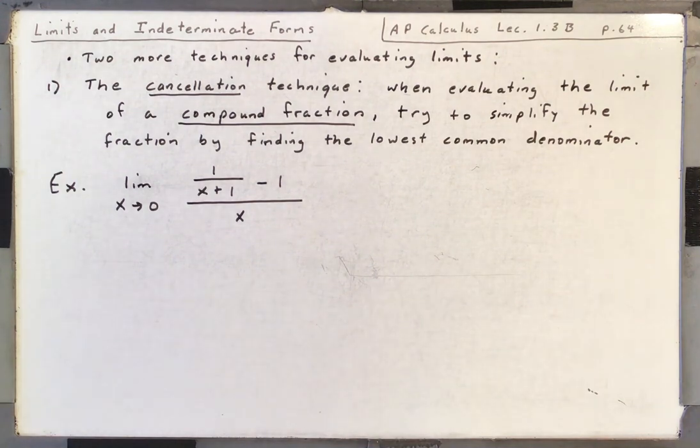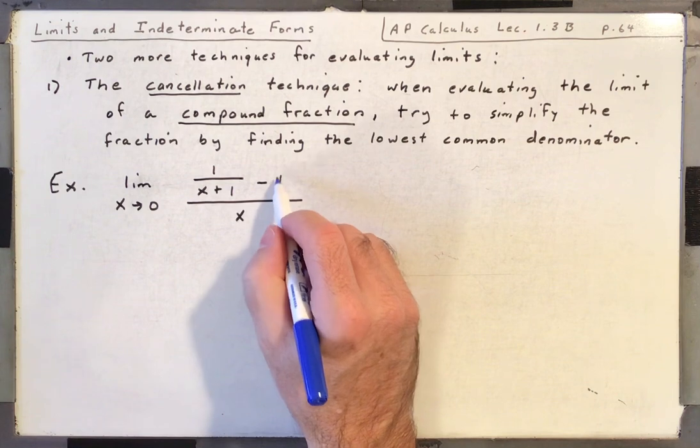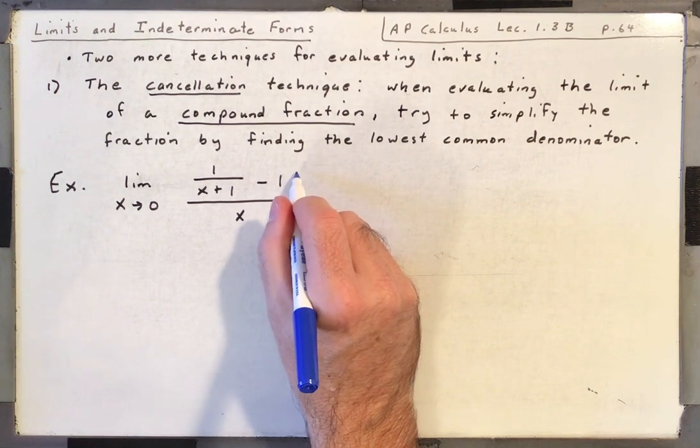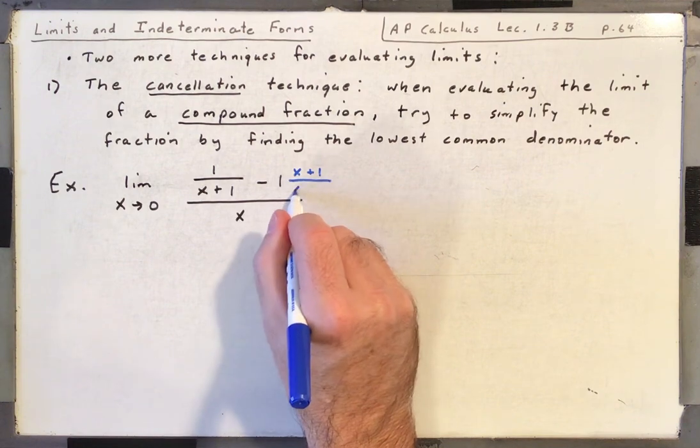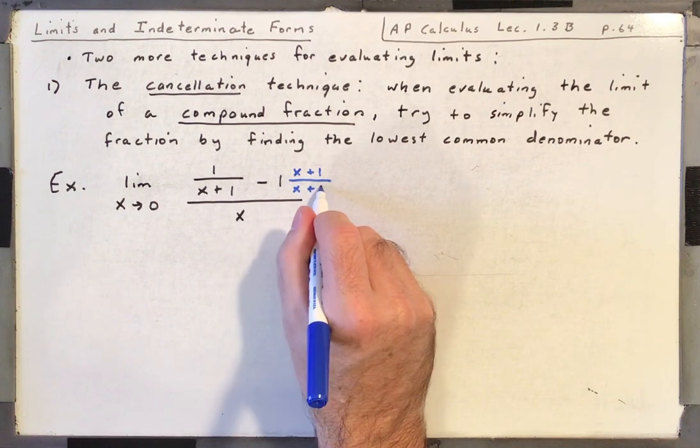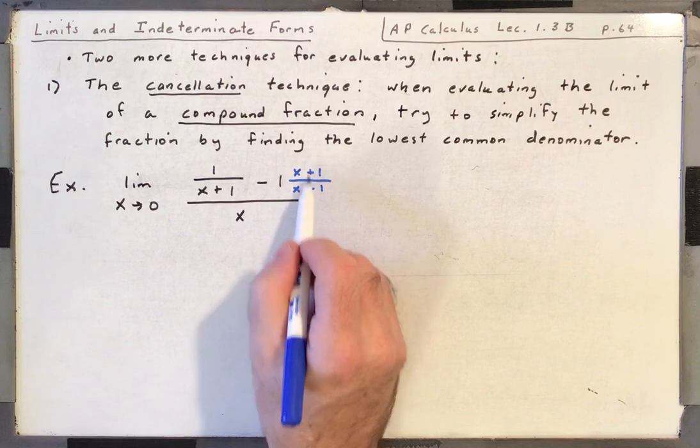Okay, so what we want to do is, first of all, try to make this numerator into one fraction. So I'm going to multiply the 1 by a clever version of 1. And what would make sense would be to multiply it by x plus 1 over x plus 1, the denominator here. That's totally legal.